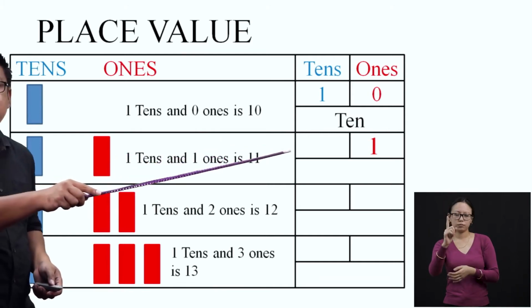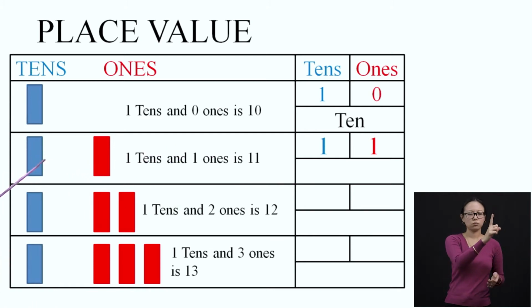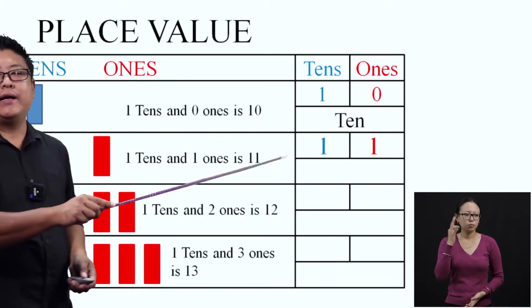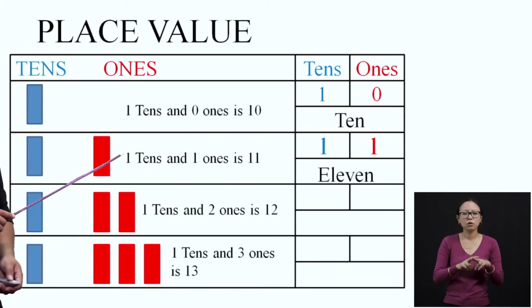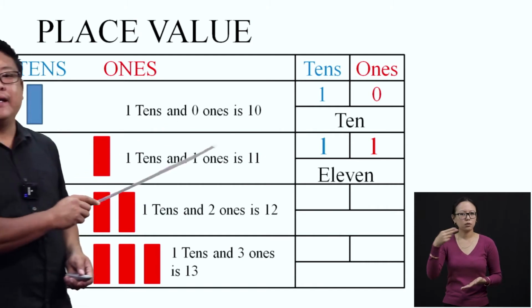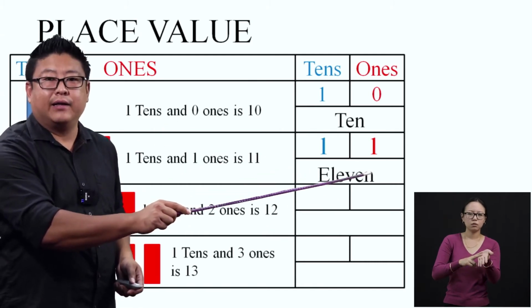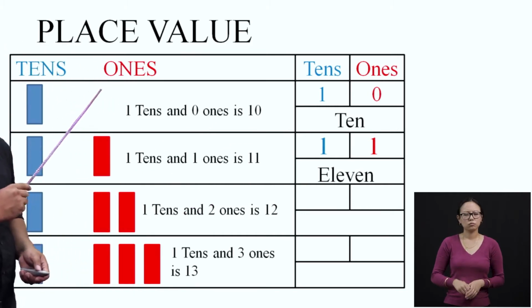In tens place, we will write 1 again because there's a single blue strip here, one strip, all right? So together, when you combine 1 and 1, you get 11, all right? Eleven, 11, all right?